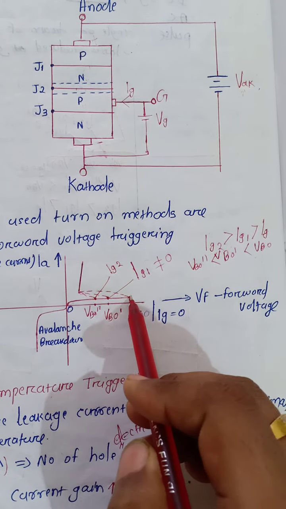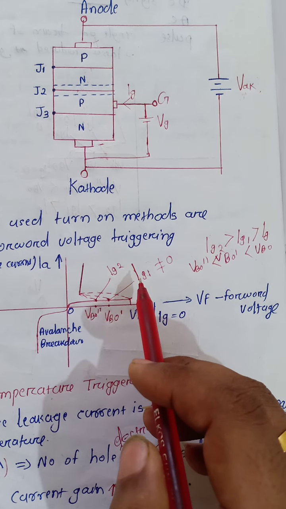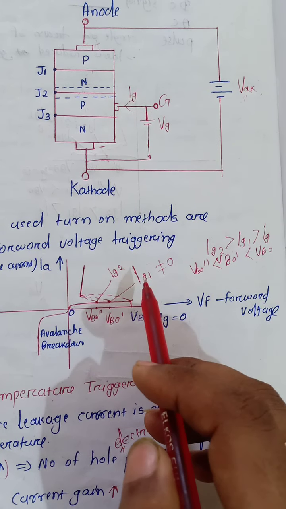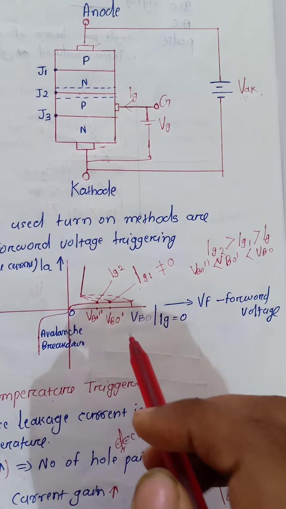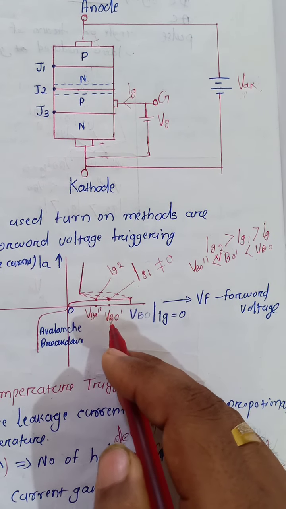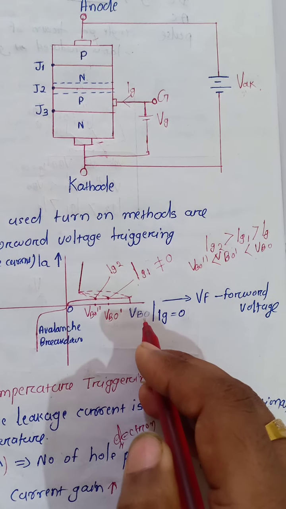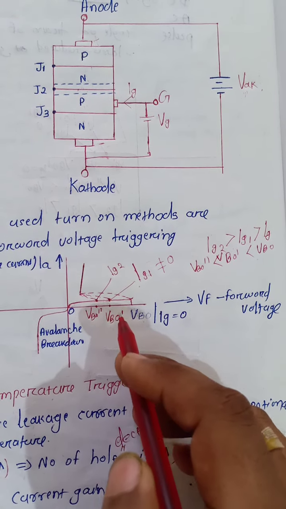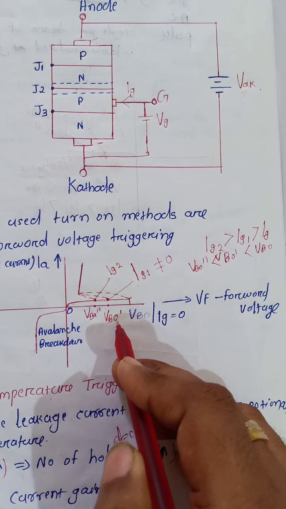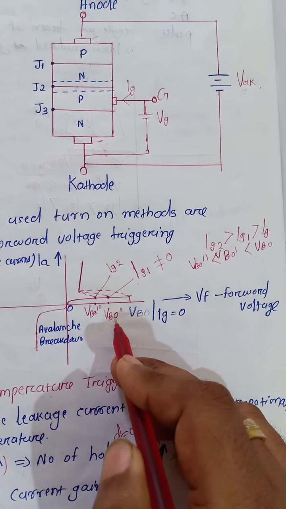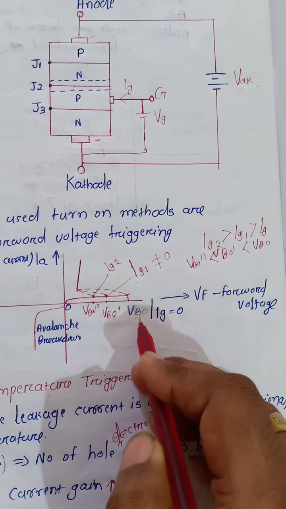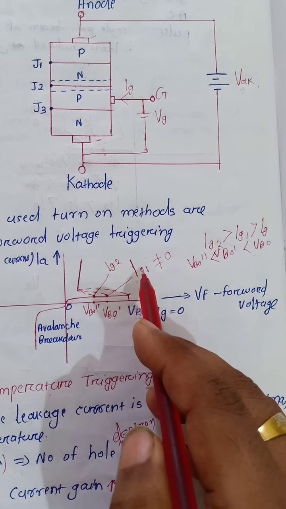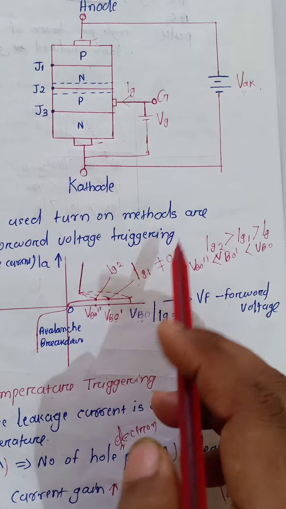This gate current allows the SCR to turn on at a voltage lower than the forward breakover voltage, that is VBO dash, when we apply some gate current through the gate terminal.